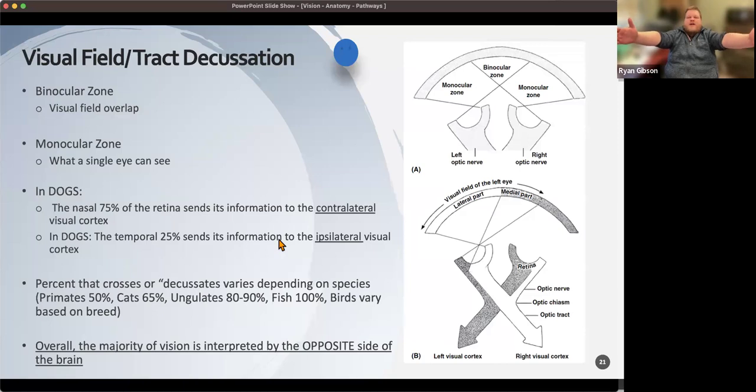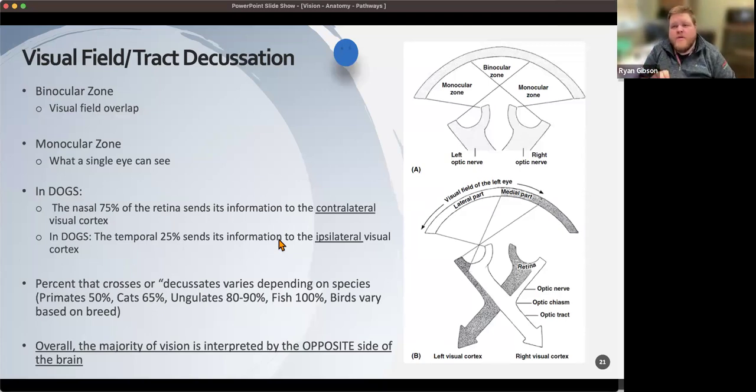This is your binocular zone. This is the zone that you can see out of both eyes. Everything lateral to it is your monocular zone. And once you've maximized how far you can see with your hands, that is the limit of your peripheral vision. All right, so a nice little exercise that you can do.